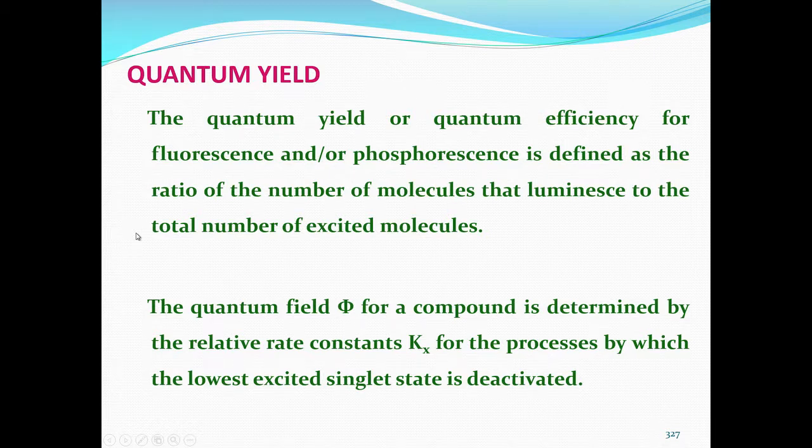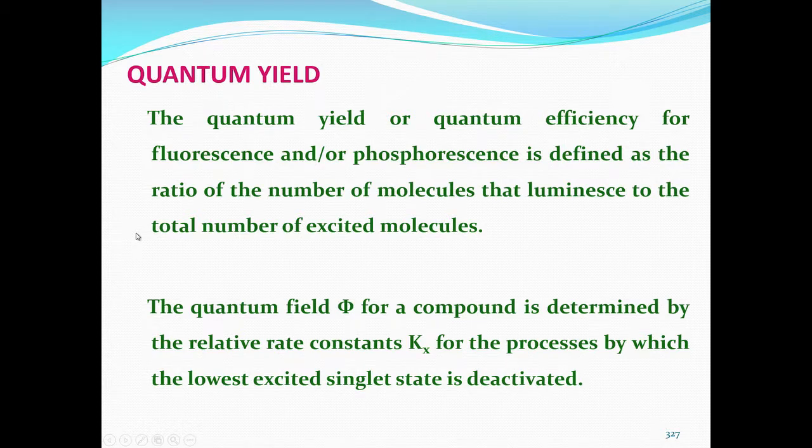So, the incidence of electromagnetic radiation on a molecule results in a number of molecules going to the next higher energy level and populating there. From there, the electrons have to come down to the lowest energy state and then cross over to the ground state.